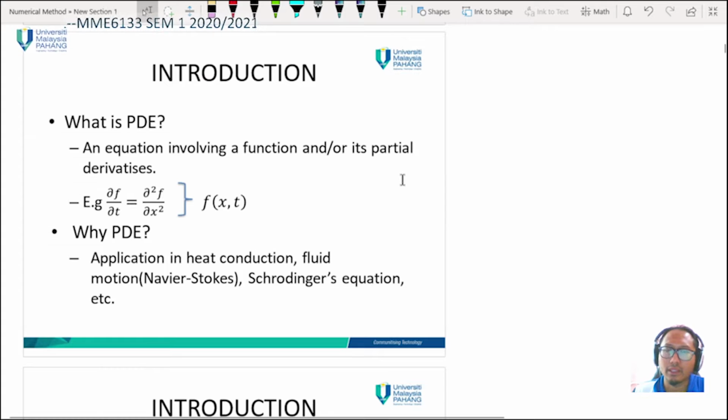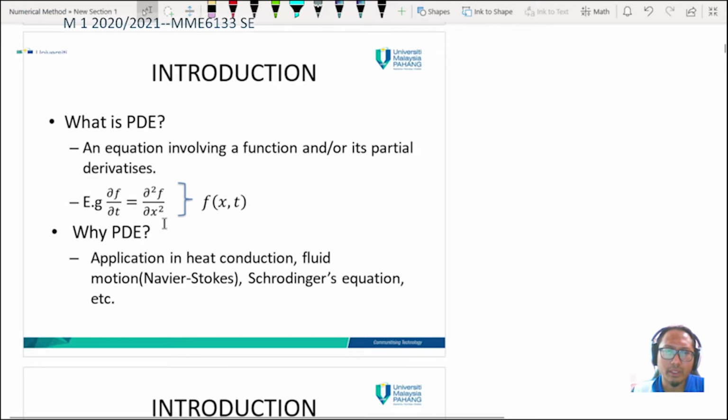So what is a PDE? A PDE, or partial differential equation, is an equation that involves a function and its partial derivatives. For example, df/dt = d²f/dx². So we have the function f, with derivatives in the first order and second order.